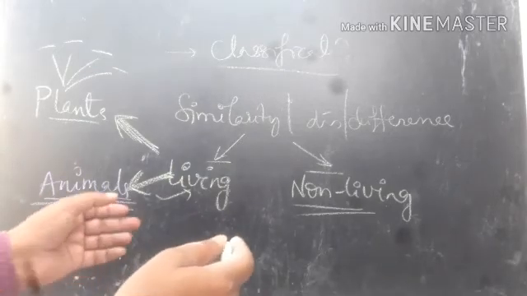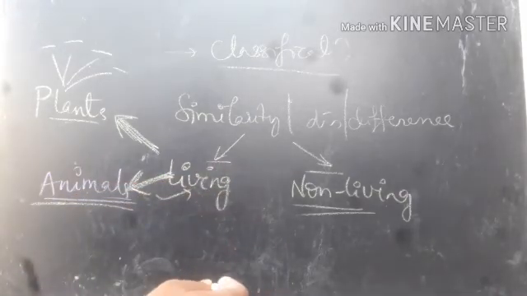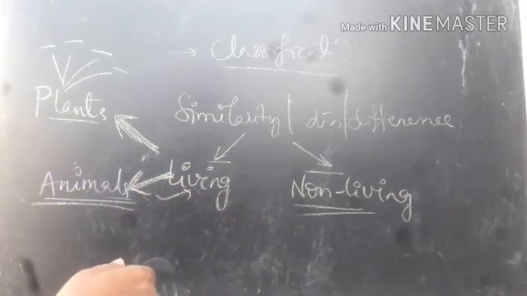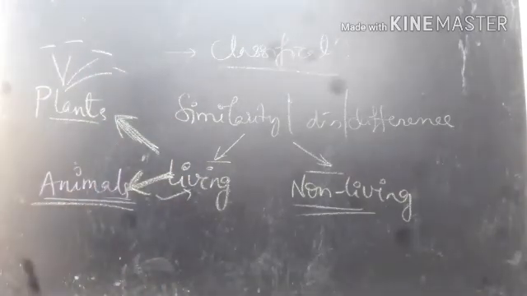So here we can classify the non-living things depending upon the material by which they are made, whether plastic or glass or wood or any other metal. By that observation we can separate them.